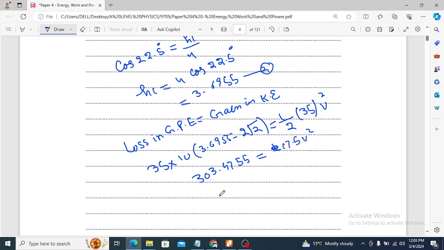So v square equals, when you divide, 303.4755 divided by 17.5, and the velocity we obtain is 4.16 meter per second.